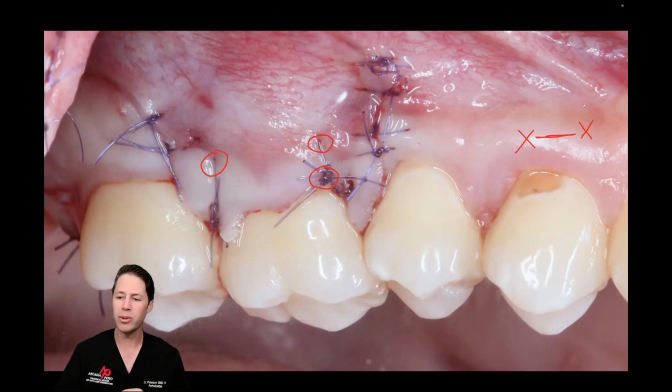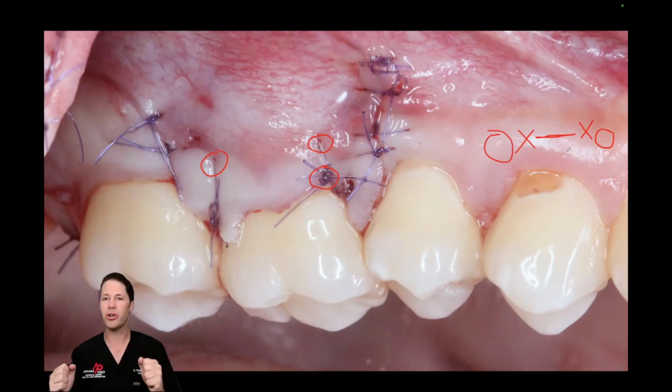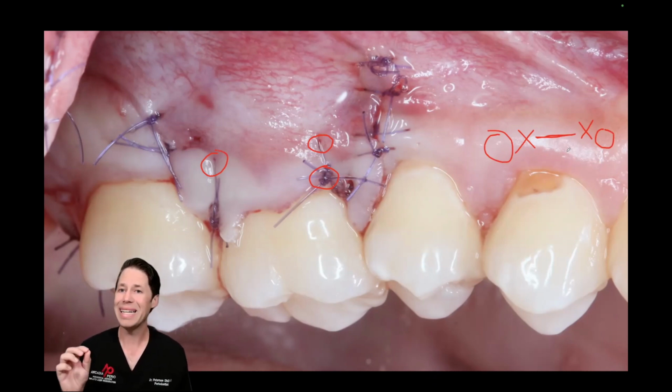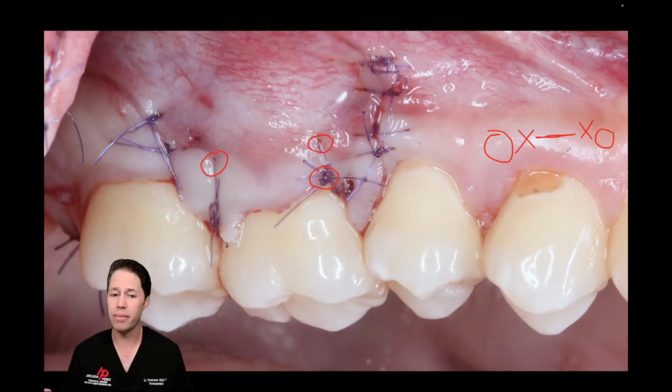So you need to be mindful when you're taking these stitches or these bites with these sutures to be broad, right? Kind of more in this area right here where you see the circle and right about here where you see the circle. That'll ensure you get good passive primary closure and you won't limit or strangulate the blood supply on that delicate, thin biotype.